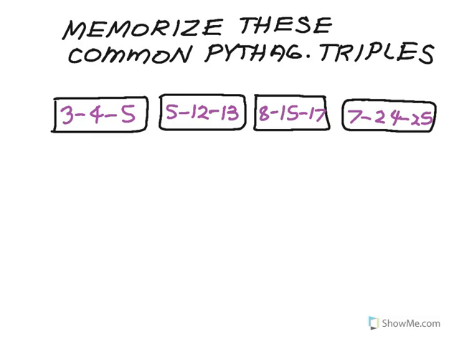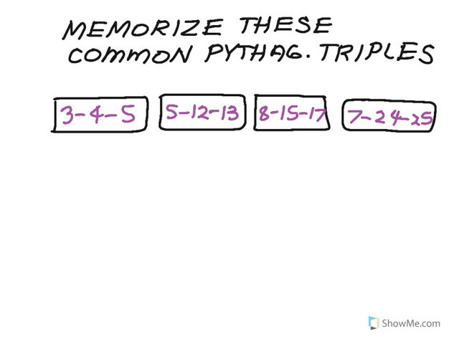Okay, and last thing I want you to do is to memorize the 4 common Pythagorean triples. These are the 3, 4, 5 triangles, the 5, 12, 13, the 8, 15, 17, and the 7, 24, 25. Get those memorized. Those triples all represent common forms of right triangles.